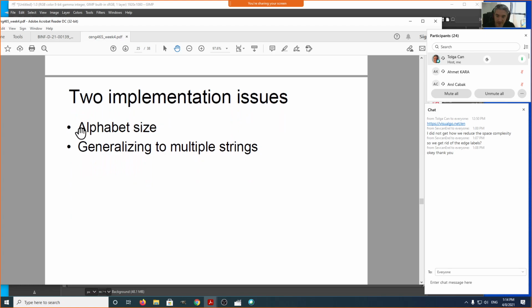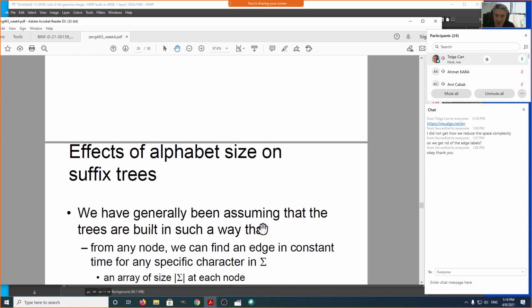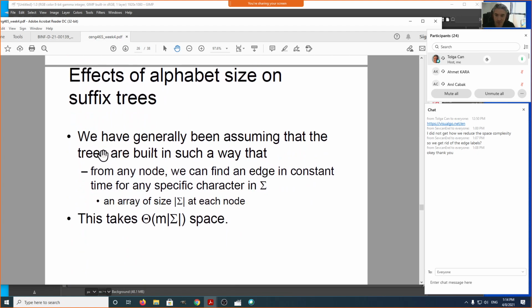There's also the alphabet size. As I said, we ignored that. It comes as a constant factor. And I talked about generalization to multiple strings. The way we built the suffix tree, from any node we can find an edge in constant time for any specific character in the alphabet.